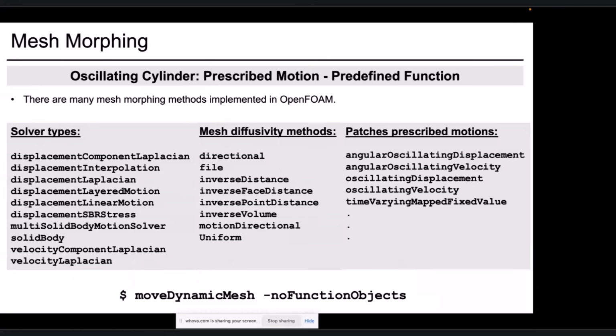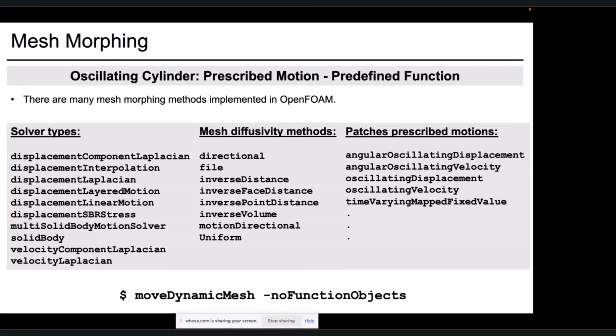And it can also be motion directional. I will try to pick some examples which fit these different methods and compare them for the sake of completion, but you can always go back to the tutorials, change these types of solvers, diffusivity methods, and so on, and play around with it.